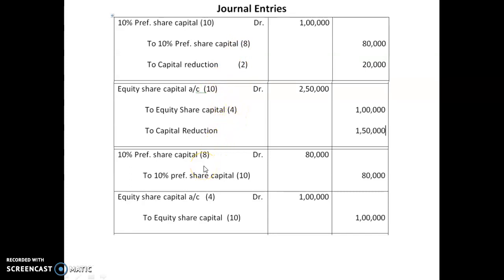So here we are consolidating this preference share of rupees 8 and equity share of rupees 4 into shares of rupees 10 each. So there will be no change in the total amount or total capital. There will be a change only in the number of equity shares and preference shares.